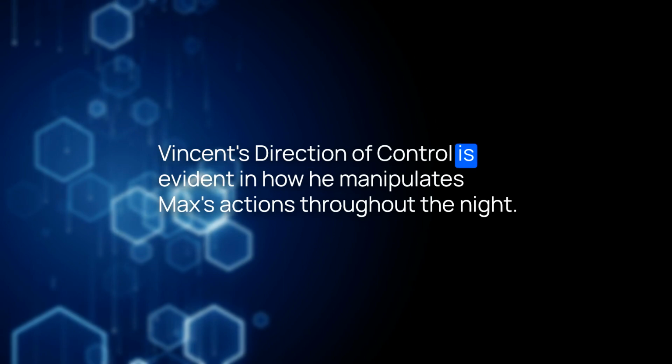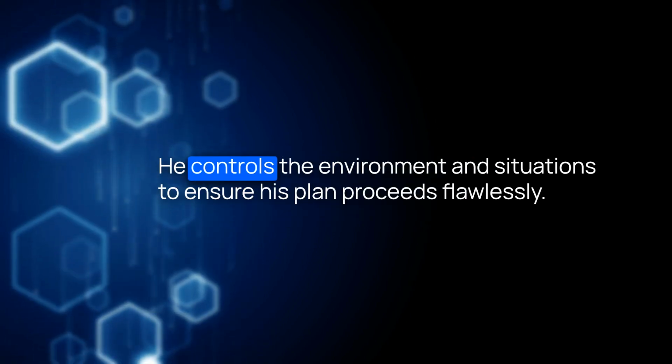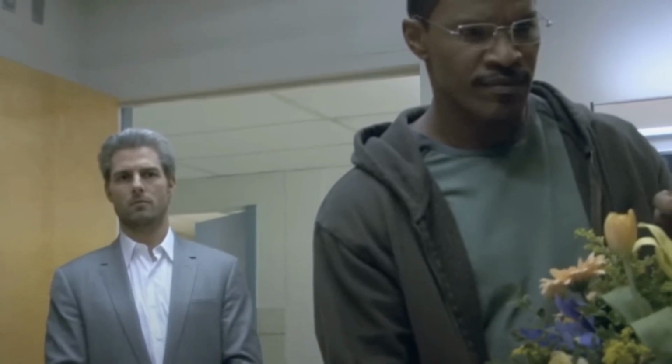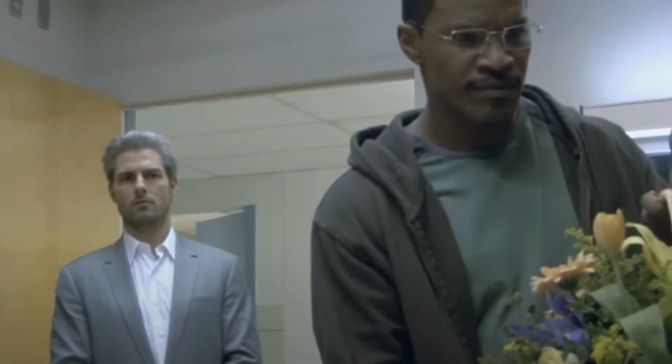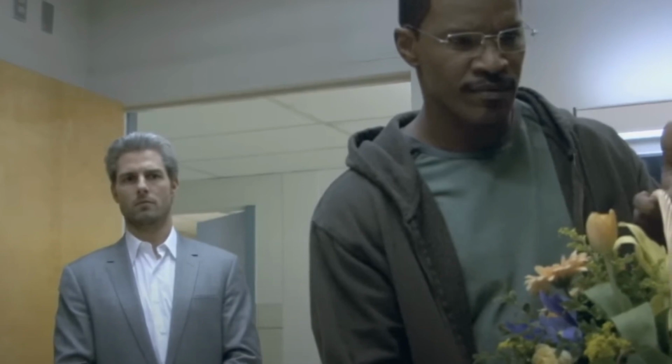Vincent's direction of control is evident in how he manipulates Max's actions throughout the night. He controls the environment and situations to ensure his plan proceeds flawlessly. A key moment is when Vincent forces Max to visit his mother in the hospital, using it as a tactic to keep Max compliant and under his control, further pushing Max to confront his own passive behavior.